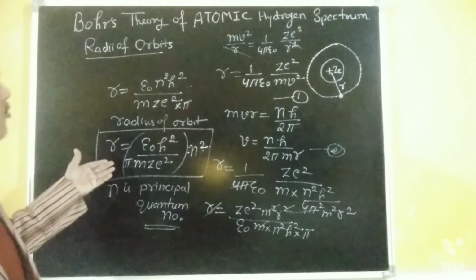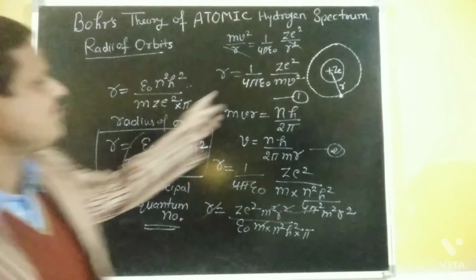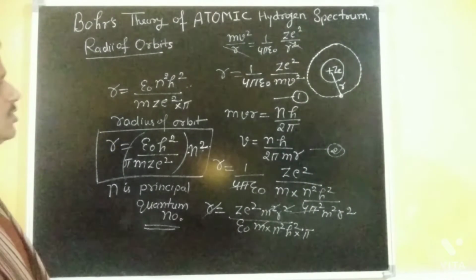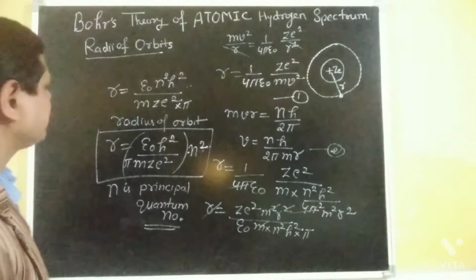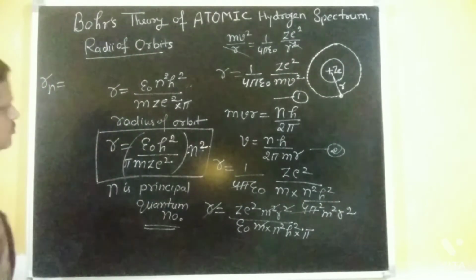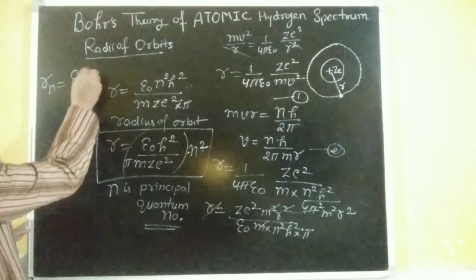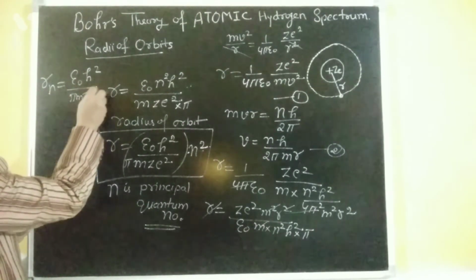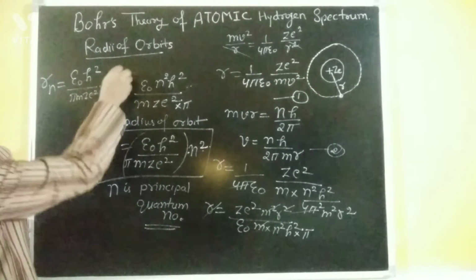This is the value of the radius of the orbit circulating around the nucleus. And for the nth orbit, you can write Rn is equal to epsilon naught h square upon pi m z e square times n square.